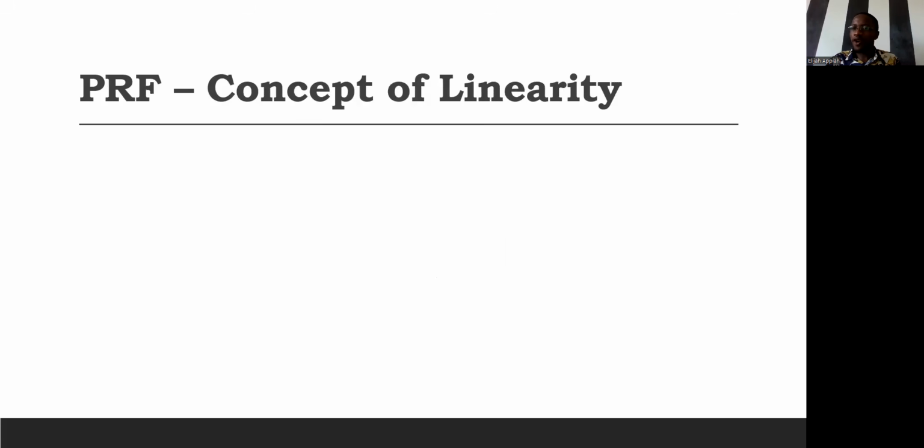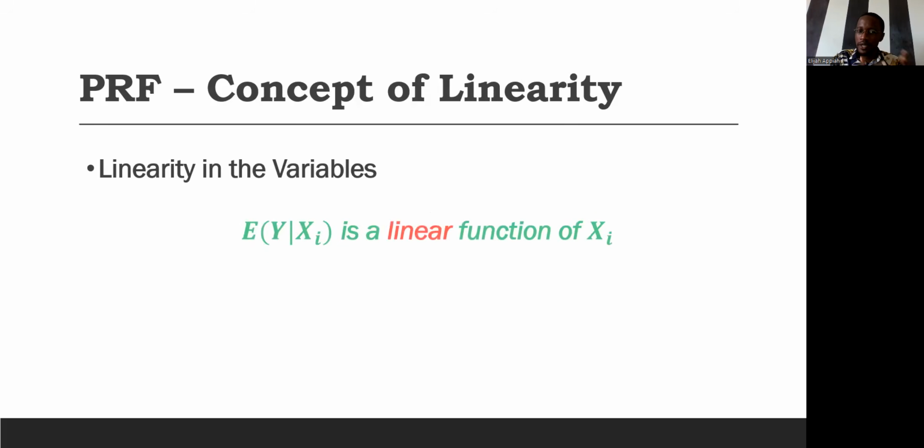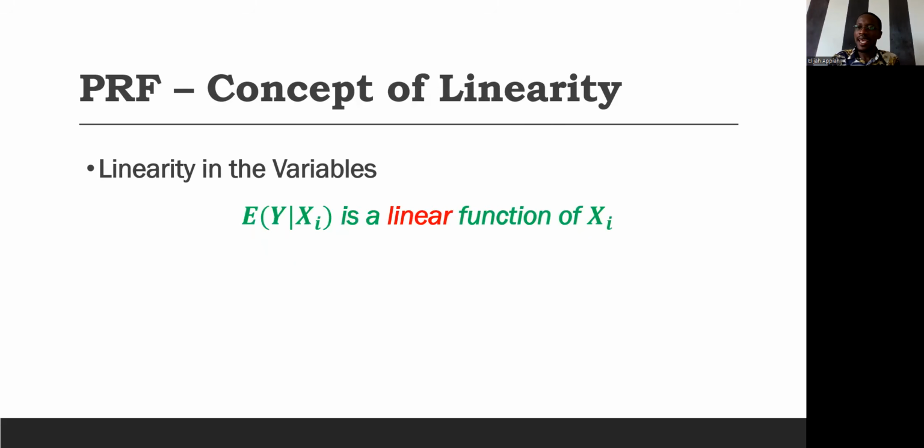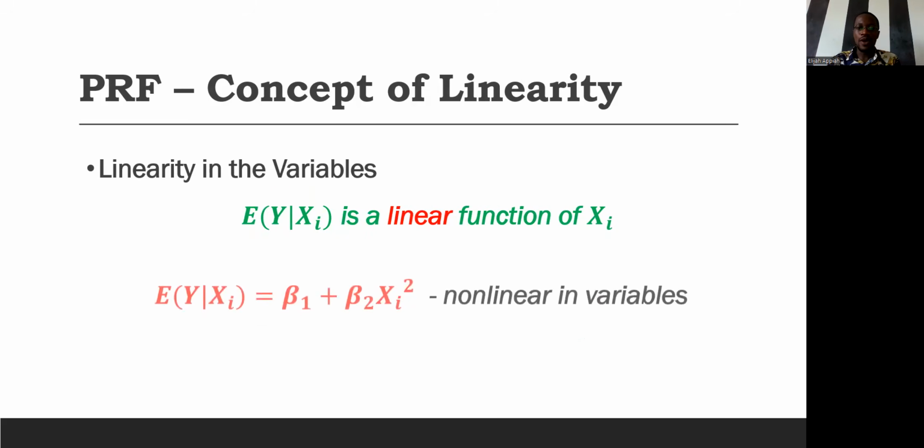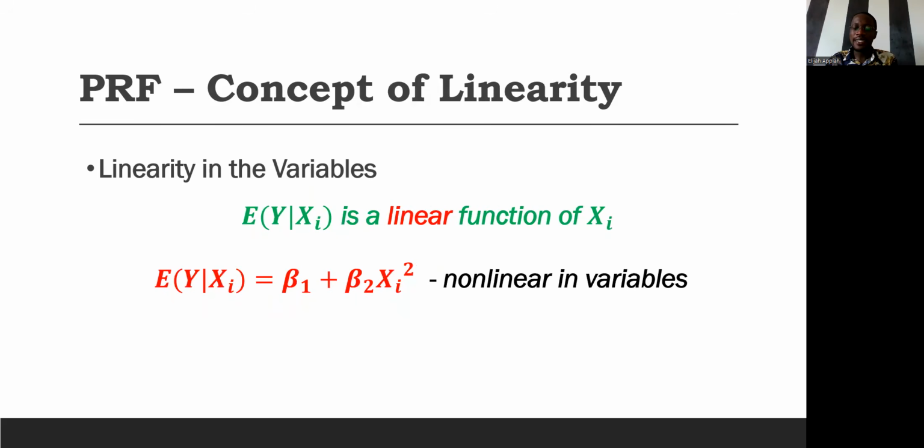There is the concept of linearity. Now, we have what we call linearity in the variable. So in an econometric model, we are saying that the expected value of y given the values of x is a linear function of x. The x is the variable in there. So if you look at this econometric model, you can see that the index or the power of the variable x in this model is 2.